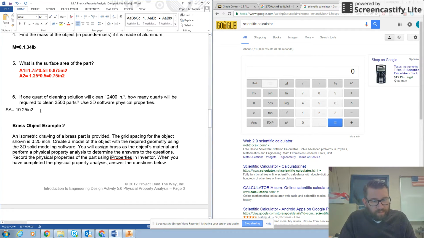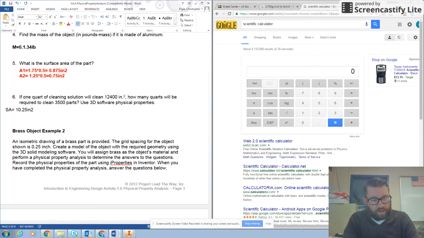So now that I have a surface area, I can get some equalities similar to what we did in last week's activity of 5.4, calculating the properties of solids. So surface area is 10.25 inches squared. And now I'm going to list my equalities.